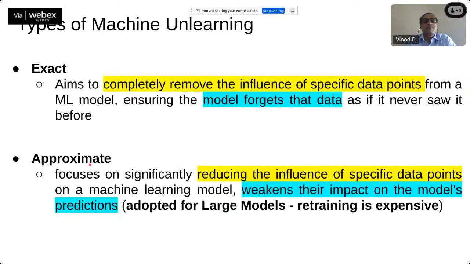On the contrary, we have another class of algorithm or technique which is called approximate unlearning.